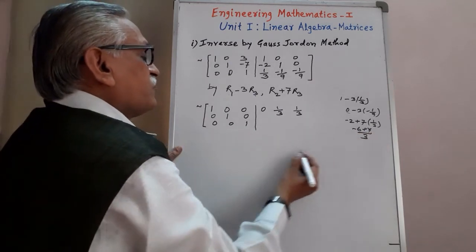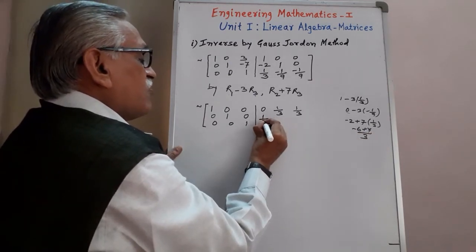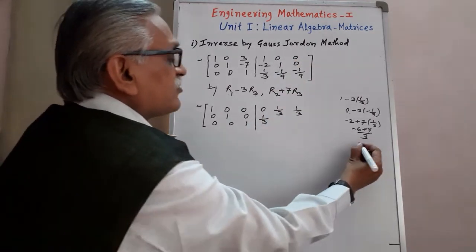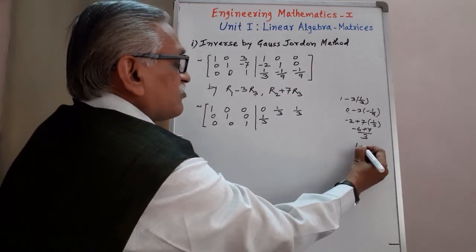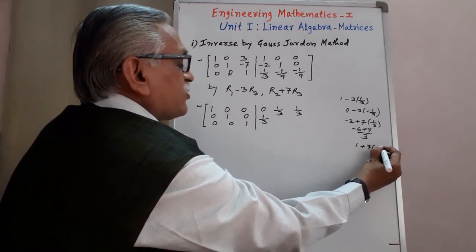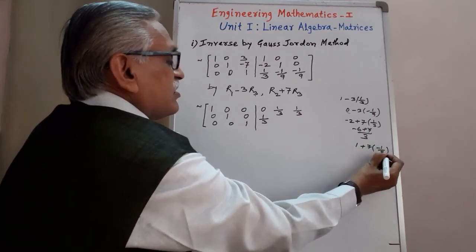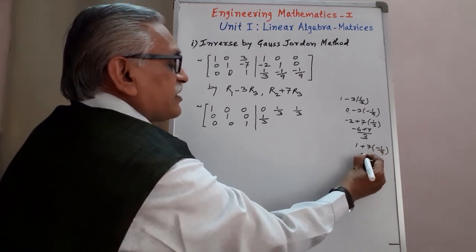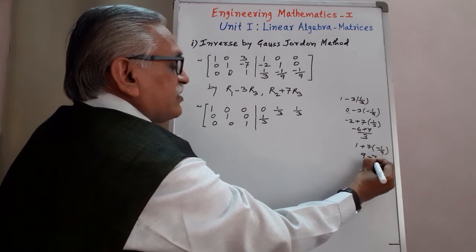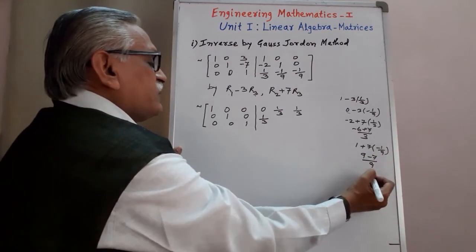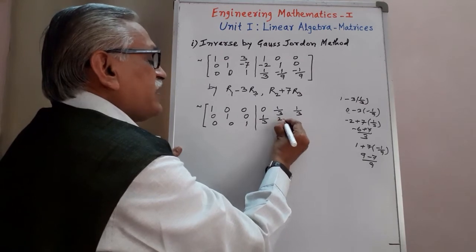Therefore, 7 minus 6, we get 1 by 3. 1 plus 7 times minus 1 by 9. Cross multiplying, 9 into 1, we get 9. Minus 7 by 9 means it is 9 minus 7, we get 2 by 9.